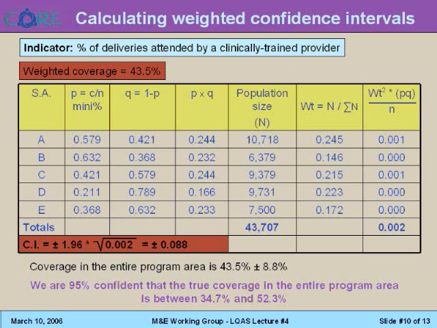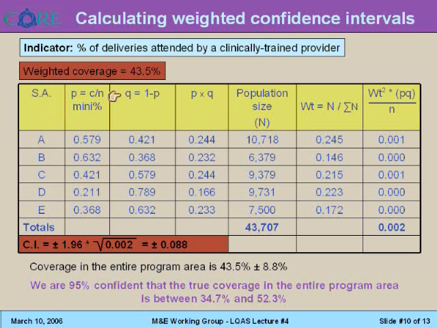Based on the same previous example of addressing the percentage of deliveries attended by a clinically trained provider, we have information per supervision area. Column number 2 is the same mini coverage proportion called P calculated per supervision area.